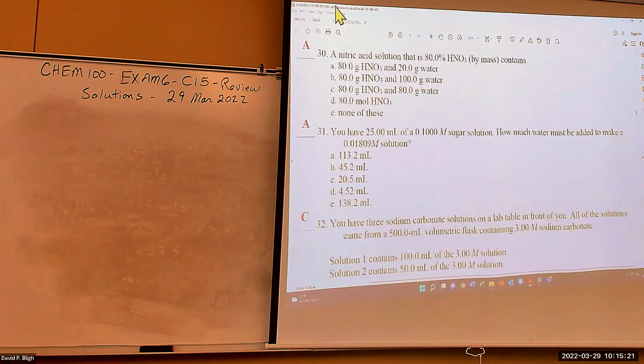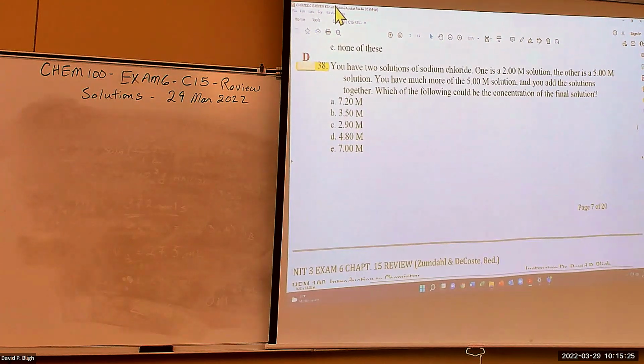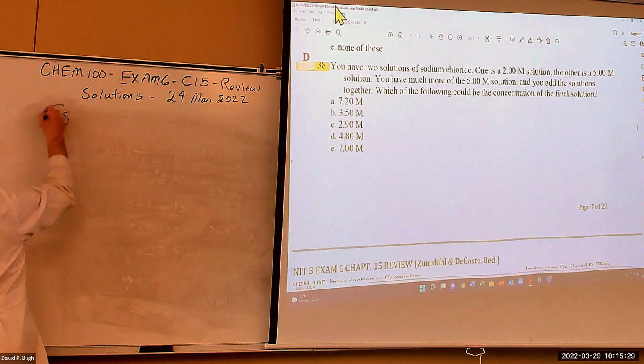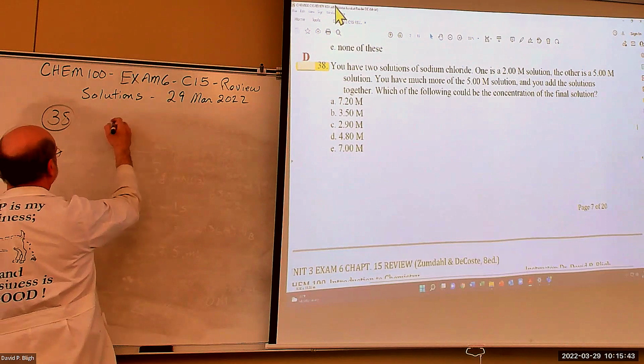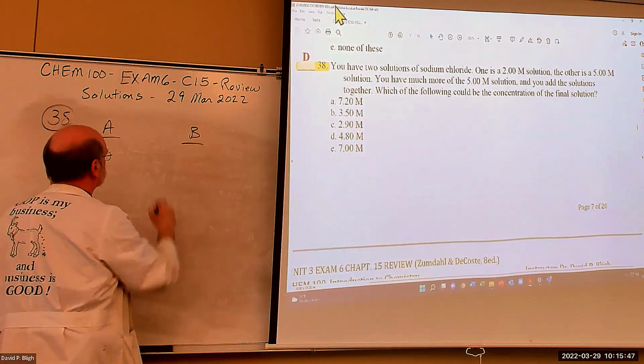All right. Let's see. 38. You have two solutions of sodium chloride. One is 2 molar, the other is 5 molar. Okay, two solutions. So solution 1, let's call it A, and solution B of sodium chloride.